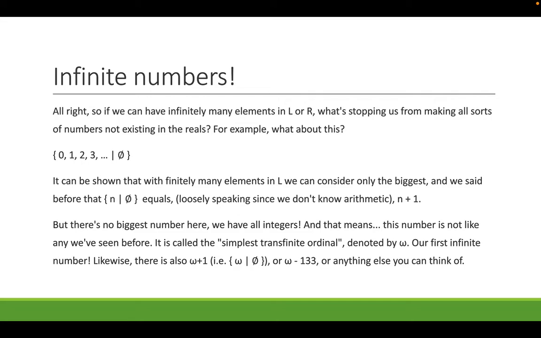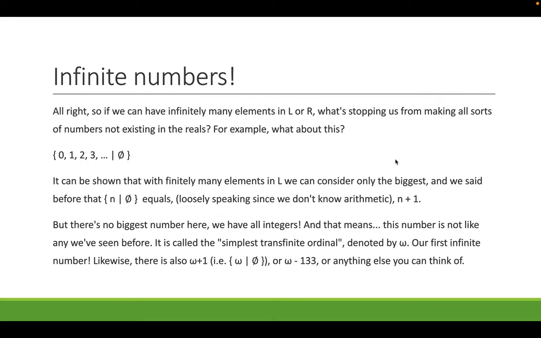So if we can have infinitely many elements in L or R, what's stopping us from making all sorts of numbers that don't exist in the reals? So what about this? We have all natural numbers here, and then the empty set. Well, it can be shown that with finitely many elements in L, we can just consider the biggest.